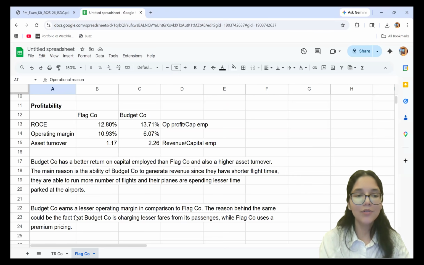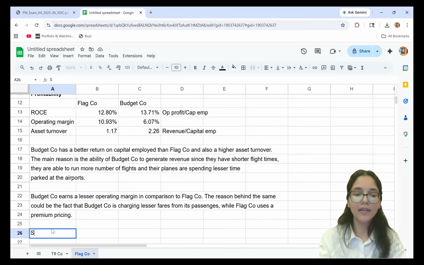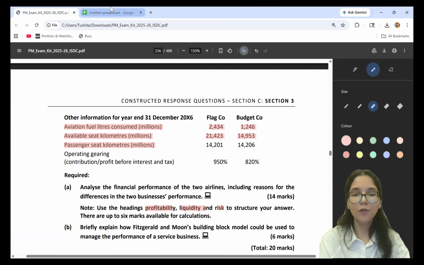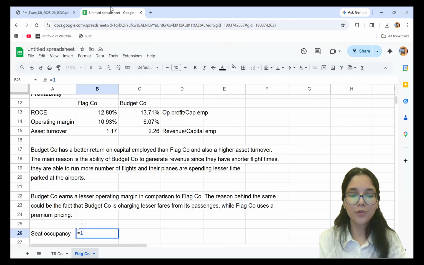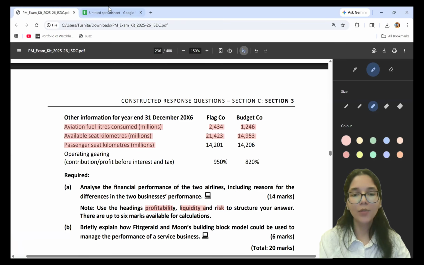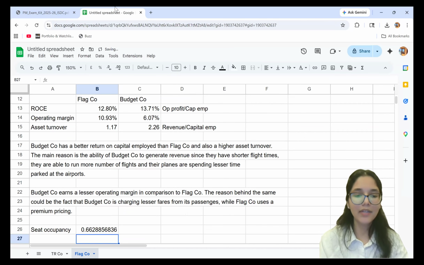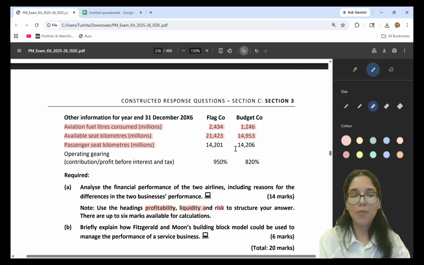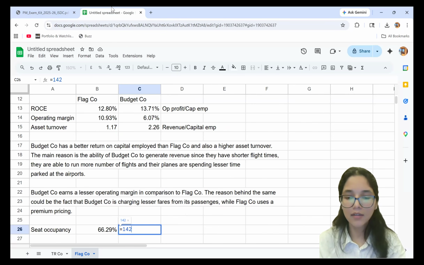So I can link it to the scenario by also calculating seat occupancy. And for flag company, the numbers are telling me it's 14,201 divided by 21,423. I can convert this to percentage. Similarly, if I do this for budget company, 14,206 was filled.